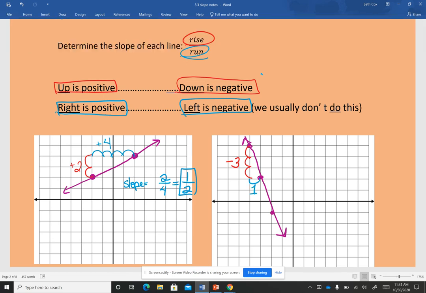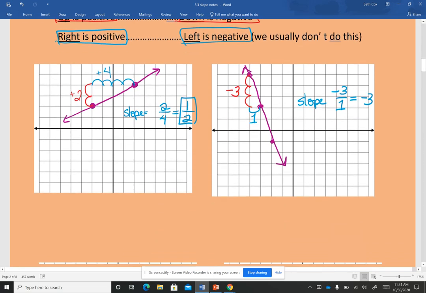So this one has a slope of negative 3 over 1, which, if we simplify the fraction, would just be negative 3.